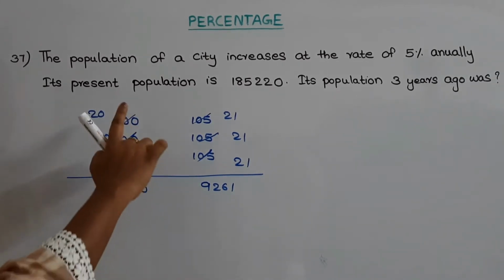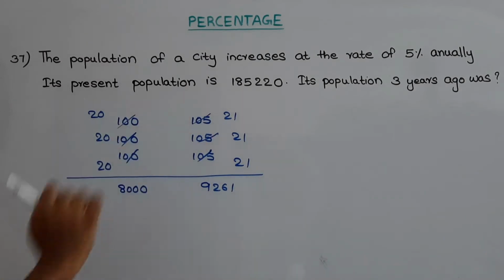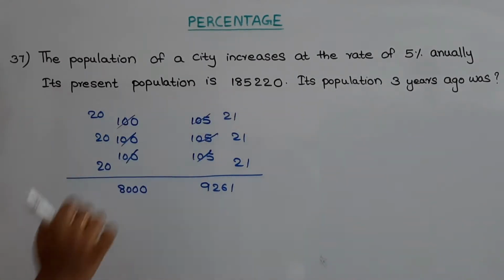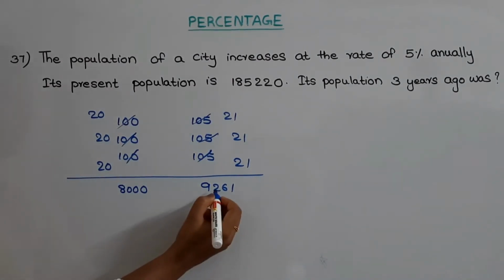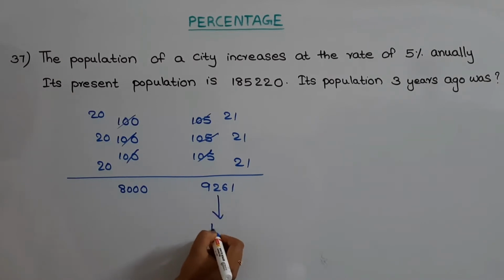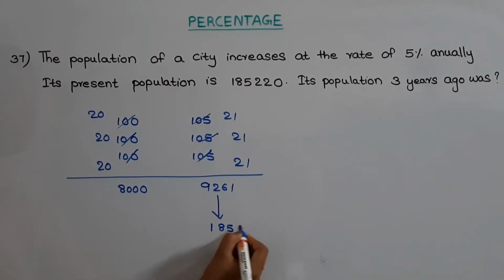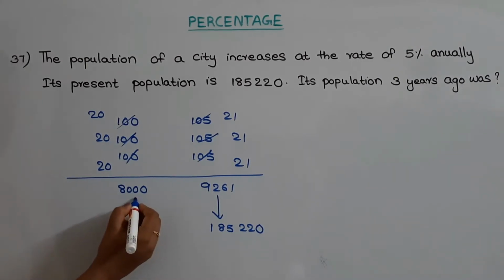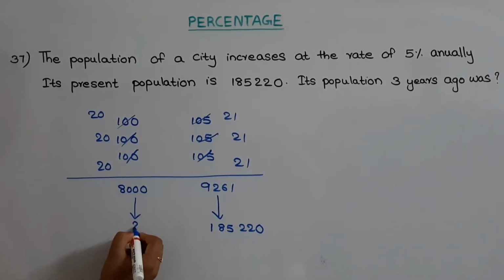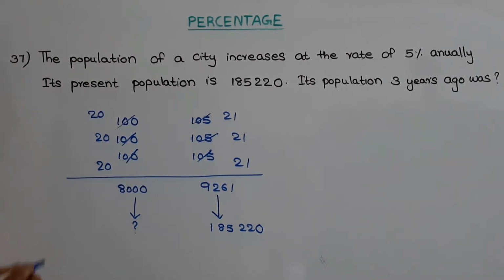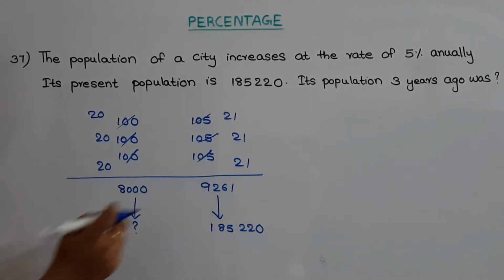But the population of the city at present is given as 1,85,220. So if we find out the value of this 8,000, we will get the population of the city 3 years ago.